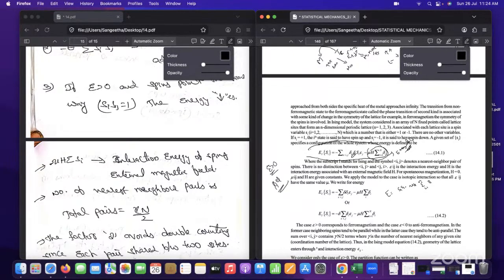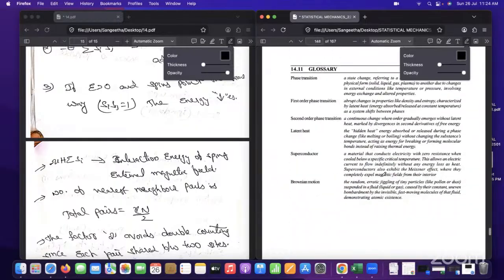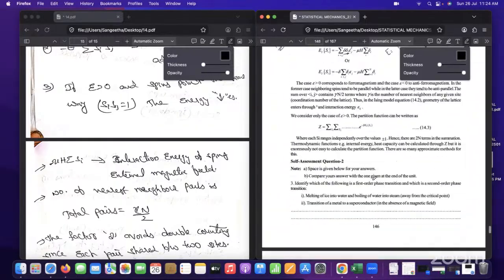See here, S_i, S_j, all these terms. Epsilon S_i S_j is as it is, minus mu H of S_i. Next, in the presence of magnetic field, this is without the presence of magnetic field.